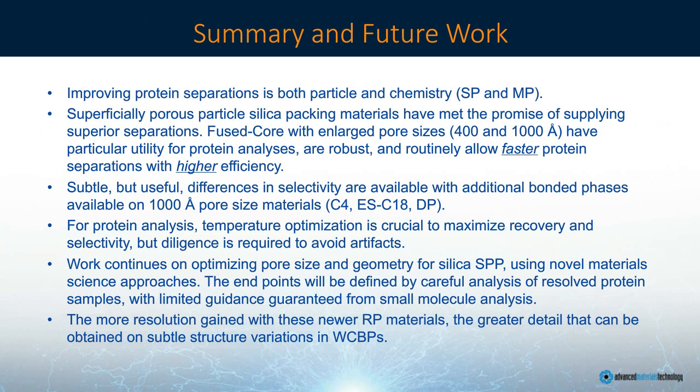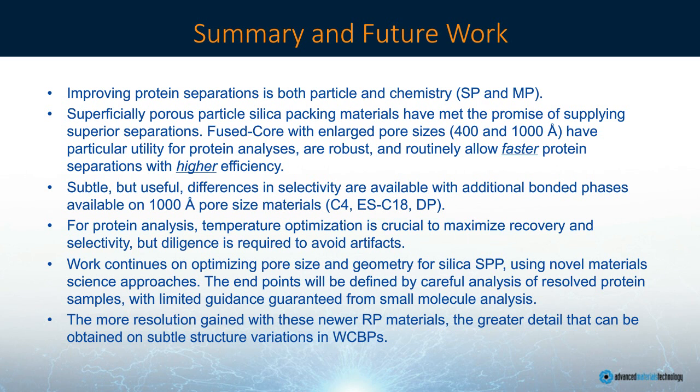To summarize, improving protein separations is both practical and chemistry. Stationary phase modifications and mobile phase modifications are required for this type of separation optimization. The superficially porous particle silica packing material has provided superior separations.